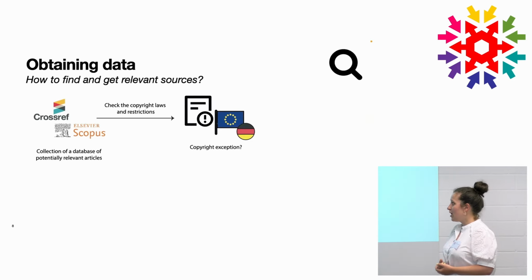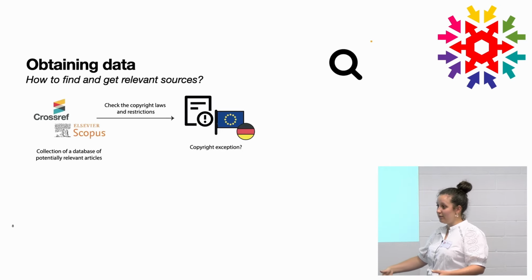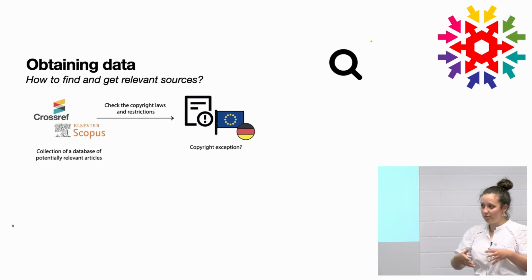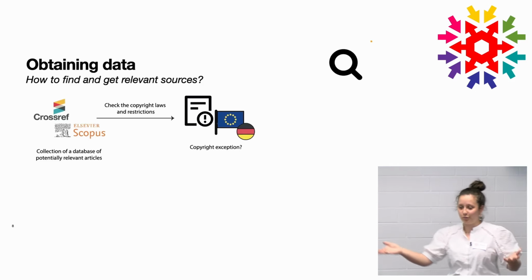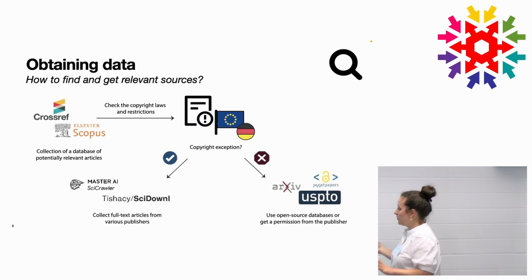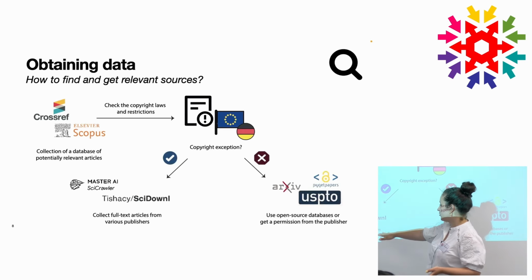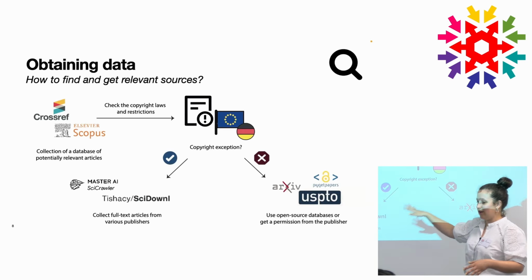But what you can do is, if your data mining falls under such a copyright exception, so for example, if you work in academia and you want to download the papers and then do something else, for example, you want to extract the data with it and not just upload the papers again, because that would also not be covered by this exception, then you can use some of those tools which basically collect the full articles from different publishers. So that's super cool, super helpful, but you cannot do this in all different settings.